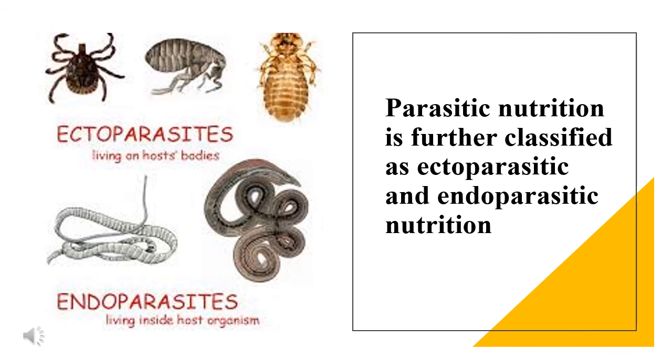So ecto stands for outside and endo stands for inside. So ectoparasites are those which live on the host body, whereas endoparasites are those which live inside the host body.